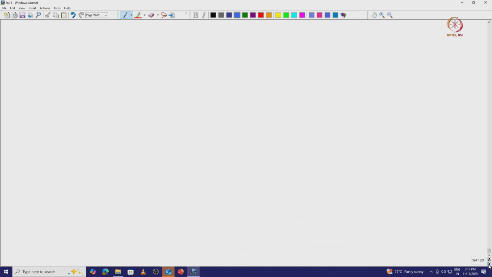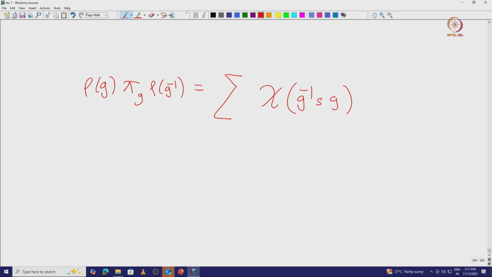We get exactly this left hand side equal to rho of g pi rho of g inverse, which is equal to summation chi of g inverse s g, and then rho of s, where s is running over G. Now, since this chi is indeed a class function, you can see that this is exactly equal to chi of s.